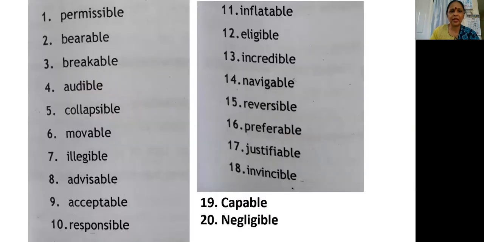Permission, permissible, IBLE. Bear, bearable, ABLE. Break, breakable. Sometimes you can also retain the E, BREAKEABLE is also correct. Odd, audio, audible. Collapse, collapsible, IBLE. Move, movable.